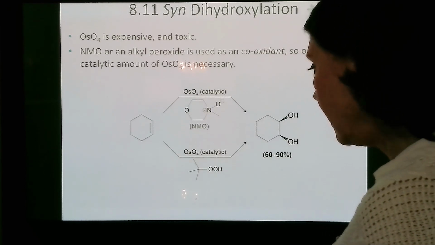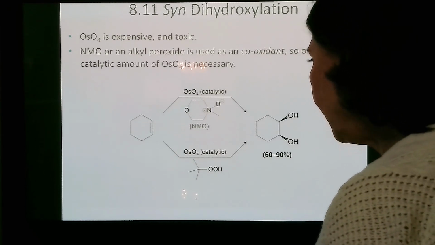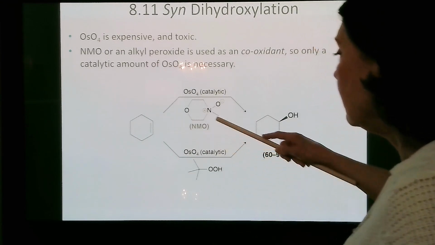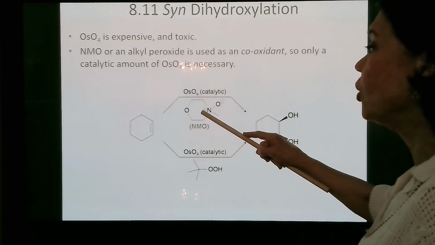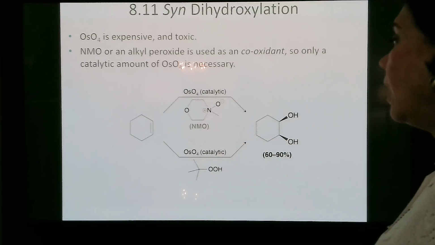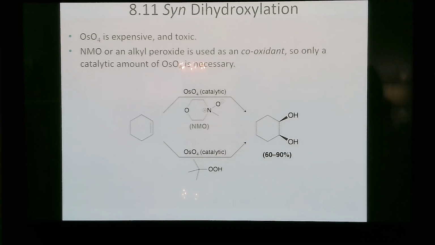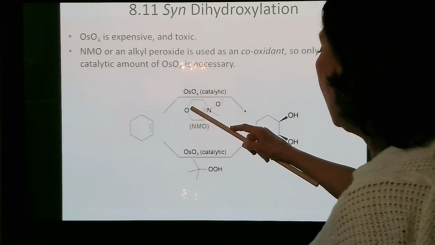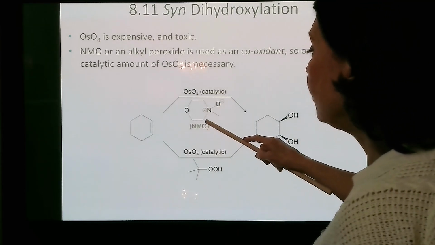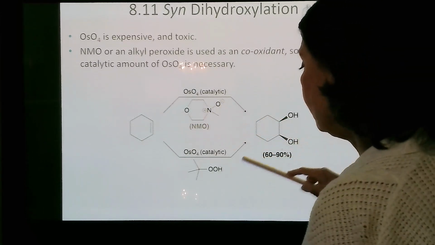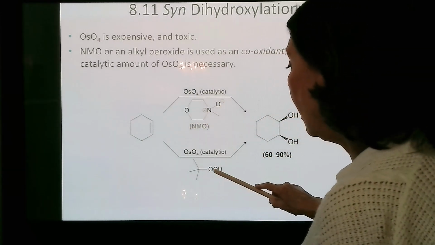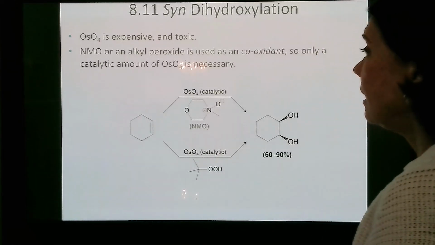And let's see, N-methyl morpholino N-oxide, so NMO. I don't know that it's so important to know this name, except you just need to know that this is used to effect the oxidation, or you can use peroxide.